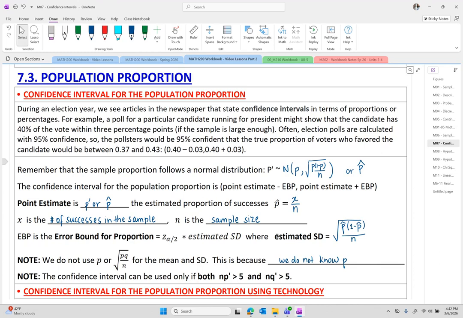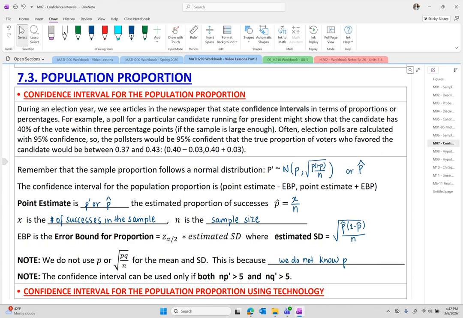An example would be when, during an election year, we usually see exit polls that describe the estimated percentage of voters.